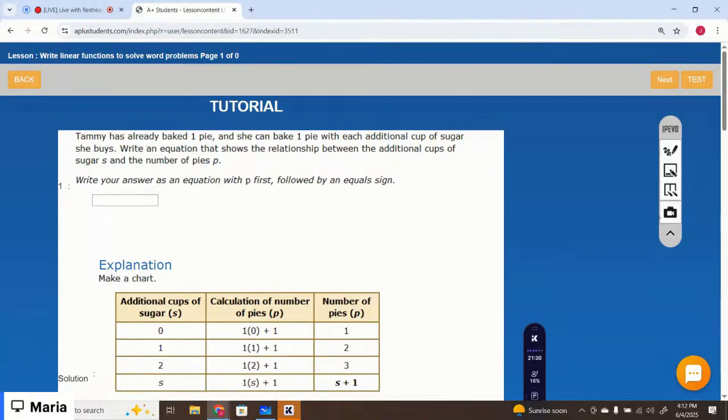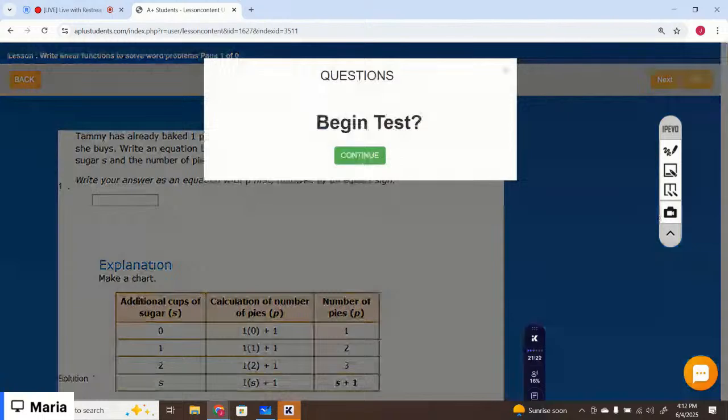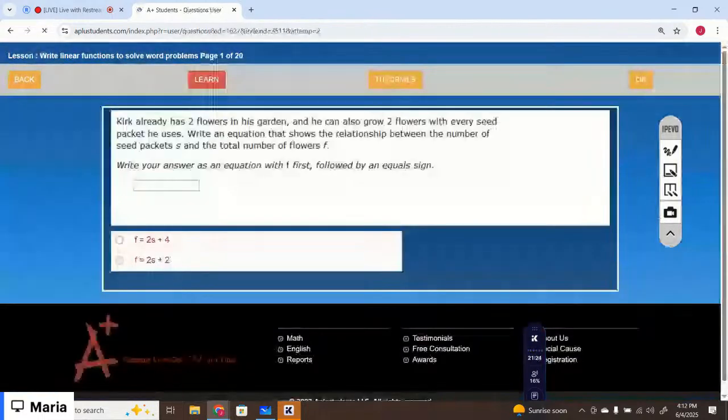Okay, let's just start with the first question. Kid already has two flowers in his garden, and he can also grow two flowers with every seed packet he uses.